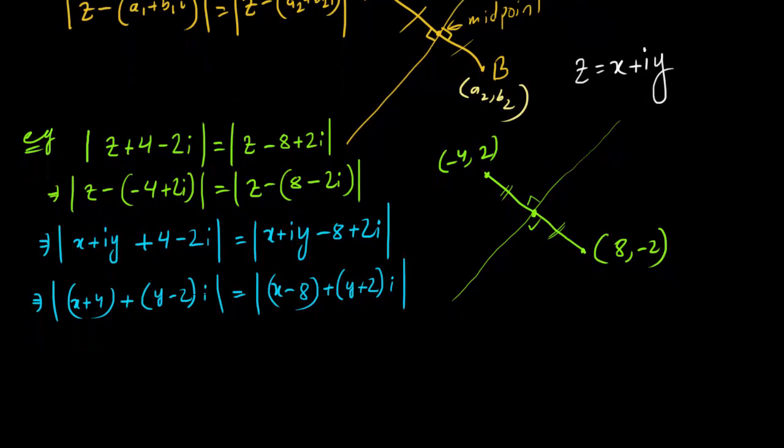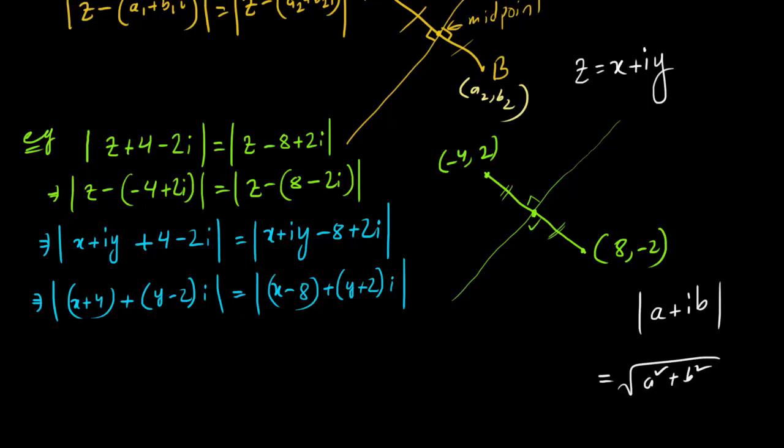Now we have to remove this modulus sign, which basically is, if you have a real portion and an imaginary portion, suppose a plus ib, then the modulus is square root of a squared plus b squared. So that's what it is.